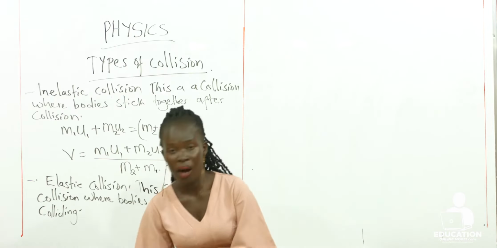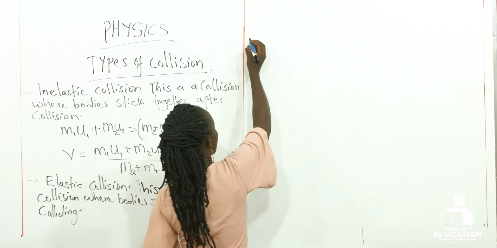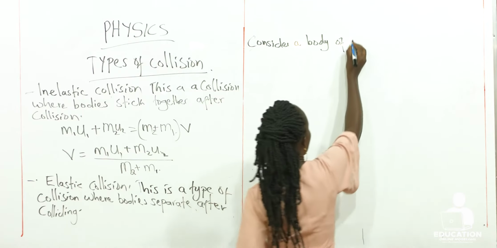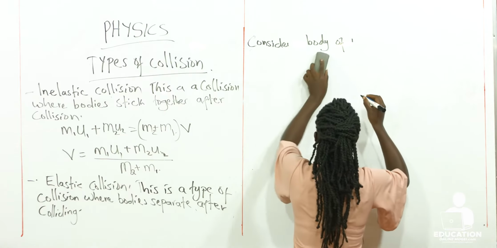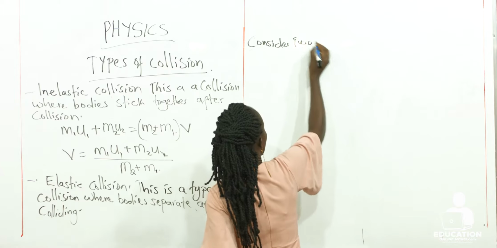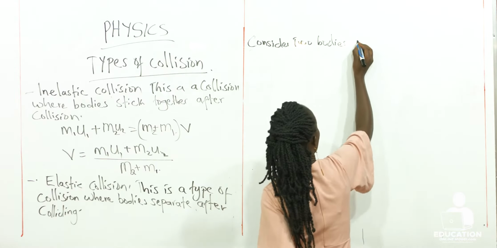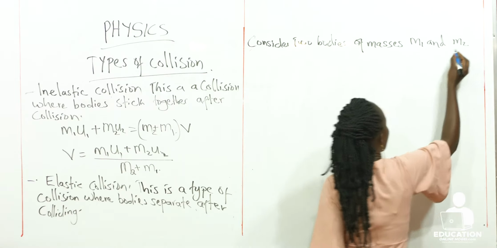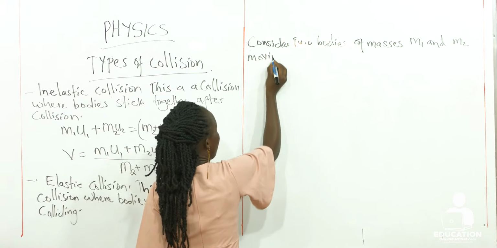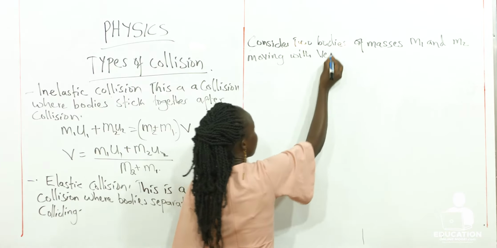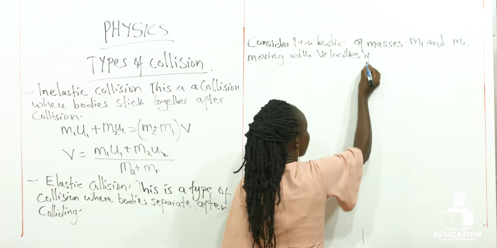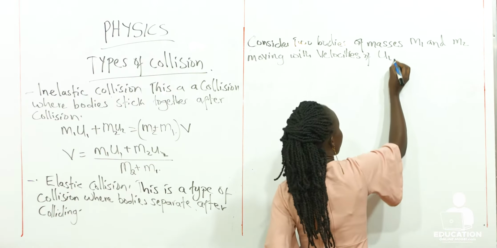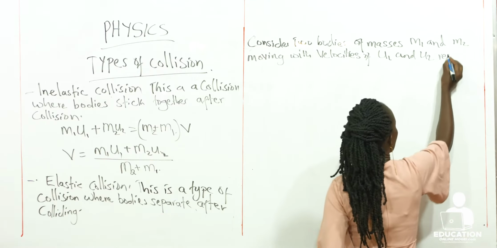So let's see how they conserve that. We are going to consider two bodies of masses m1 and m2 moving with velocities u1 and u2 respectively.